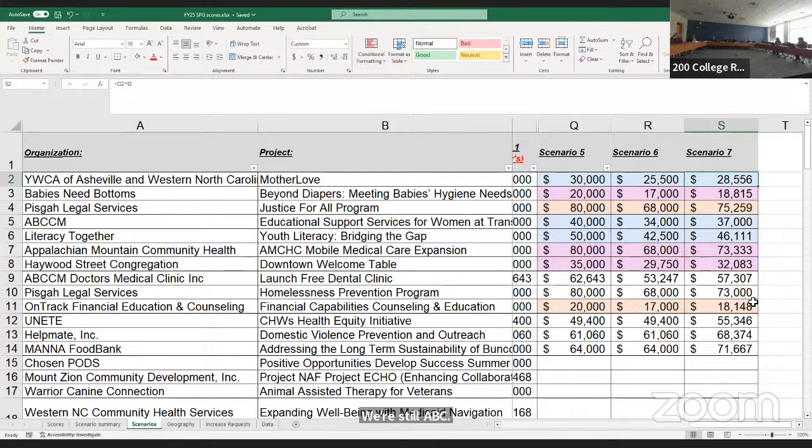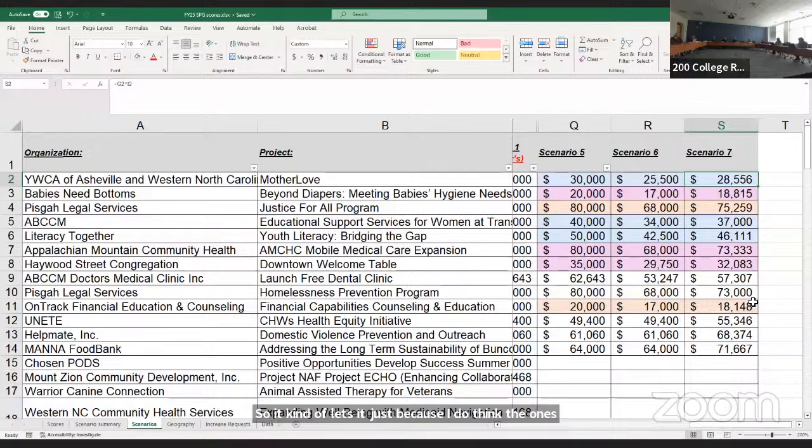So there is a scenario, I'm not suggesting it, but budget is coming up. So we could think about, just for the future, saying we want a certain percentage of our funds to go to new projects. Because I do think the ones that we fund year after year are just so strong.